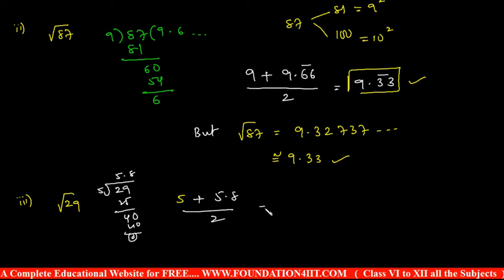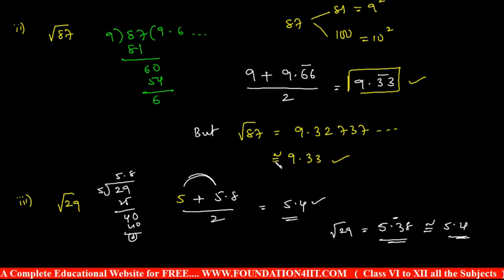So divide by 2, just in between these two numbers, that's the average. So 5.4. And we know that the square root of 29 is 5.38. We got 5.4. If I round this to the 10th place, we'll get the same 5.4. Okay, a little extra, but not bad. So we got the estimation clear.